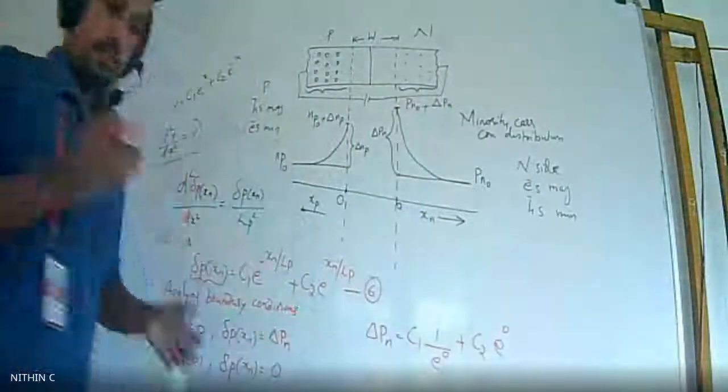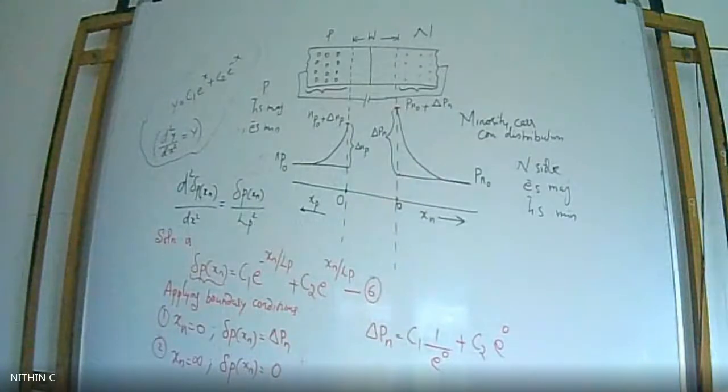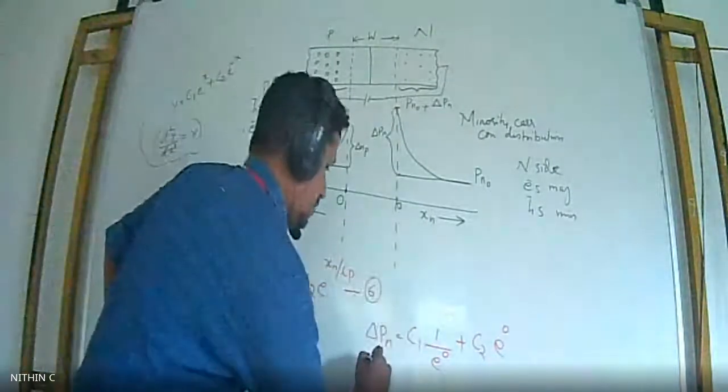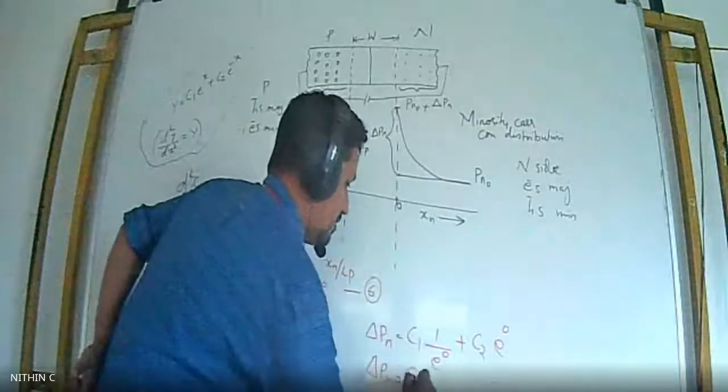That is, delta pn is equal to c1 plus c2 when we apply this condition.